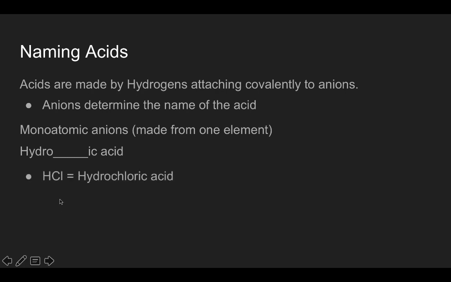For example, HCl is hydrochloric acid. If we were to have H2S, because this is a monoatomic anion, it's only one element, then we use hydro.